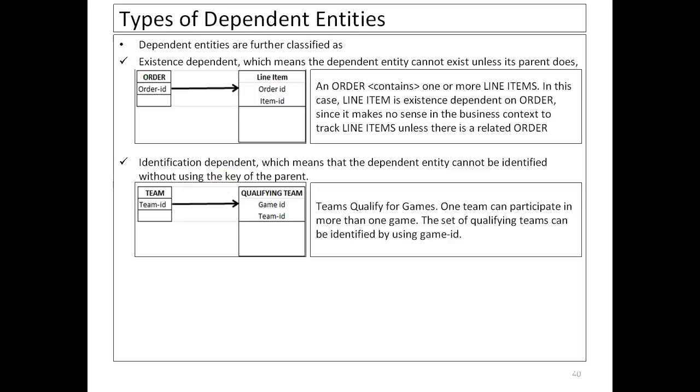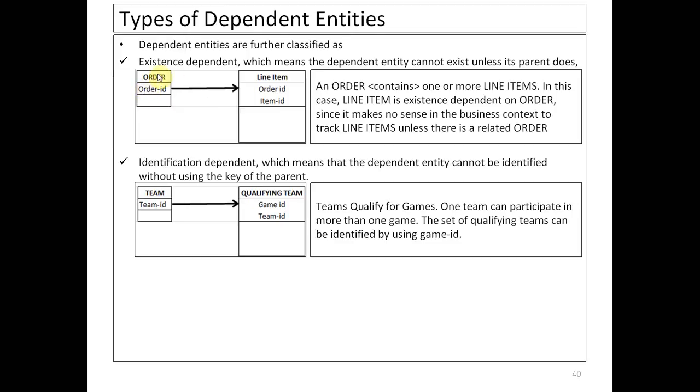However, existence dependent entities are those weak entities where the existence of an instance in the weak entity depends upon certain instances being present in the parent entity. For example, in this particular example of order and line item, there is no meaning of tracking a line item without an order ID.